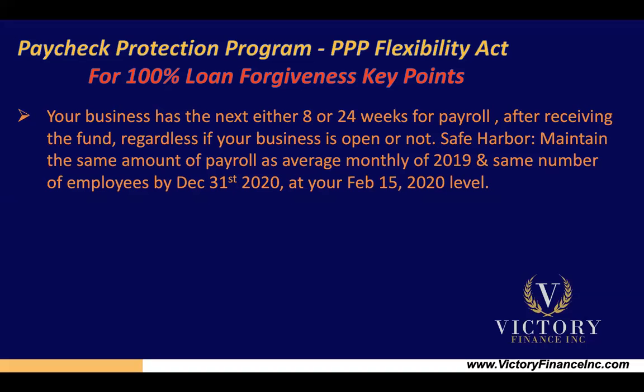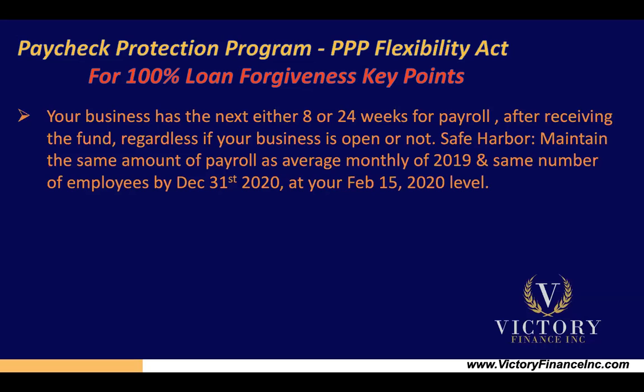What it means is that you don't have to do this right now. Even if you had 5 employees and now only have 3, it doesn't matter, as long as by December 31st the full-time employee headcount on your payroll is the same as February 15th.